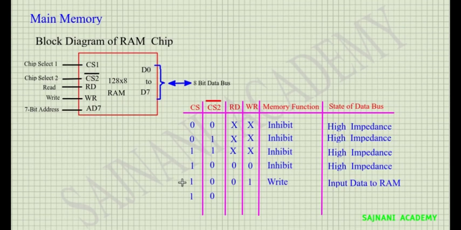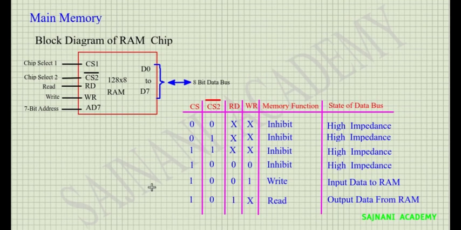When chip select 1 is 1 and chip select 2 complement is 0, again the chip is enabled. But now here, if the write signal is 1, that means whatever is on the data bus will be written into the RAM IC, at whatever address is shown by the AD7 bits. If CS1 is 1 and CS2 complement is 0, again the chip is enabled.